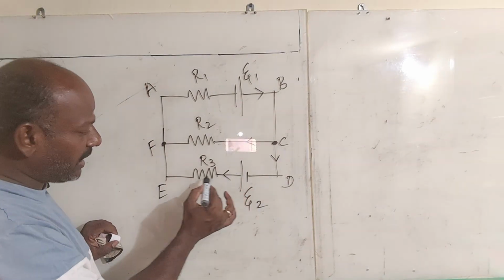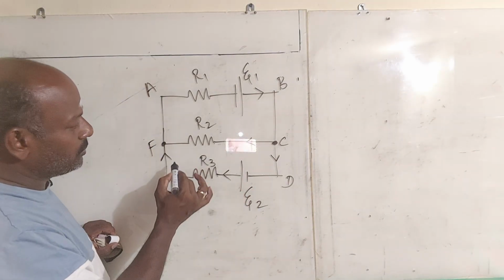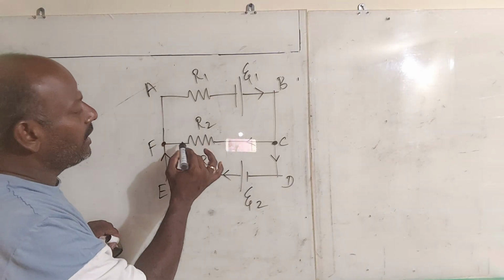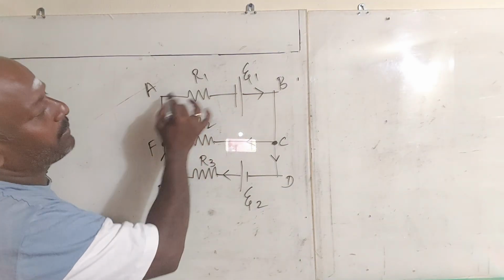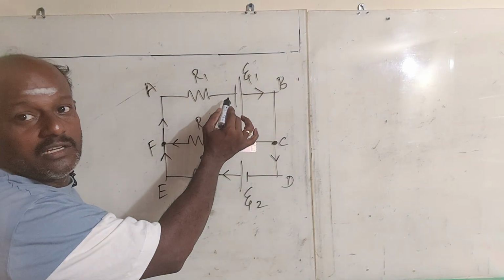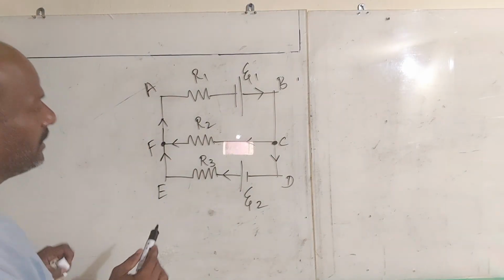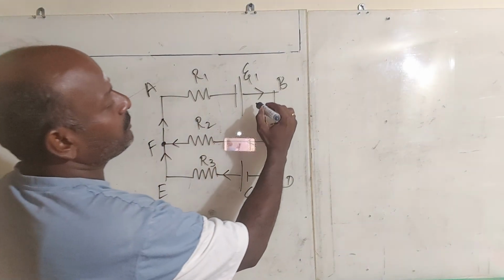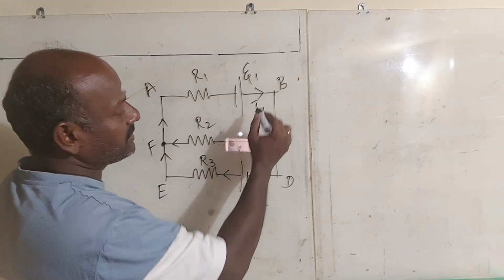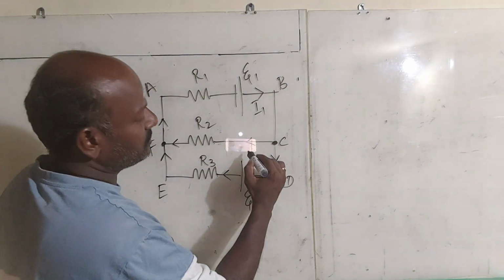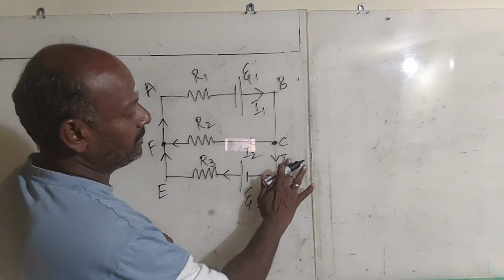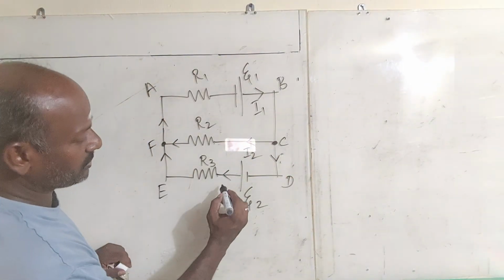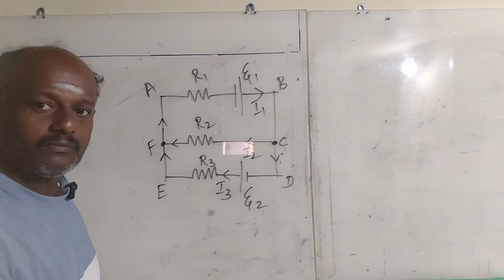Even here it must be coming from here and moving there, because it has to reach the negative terminal. Right. So now I am just going to give the names of the currents. This is I1, this will be I2, and this will be I3.